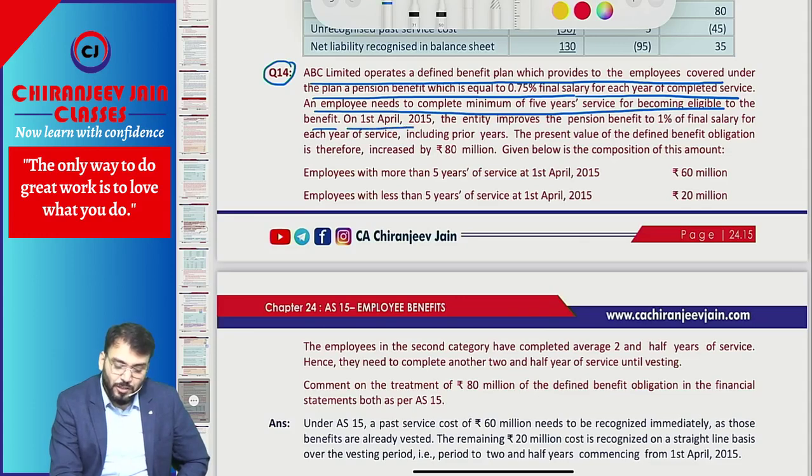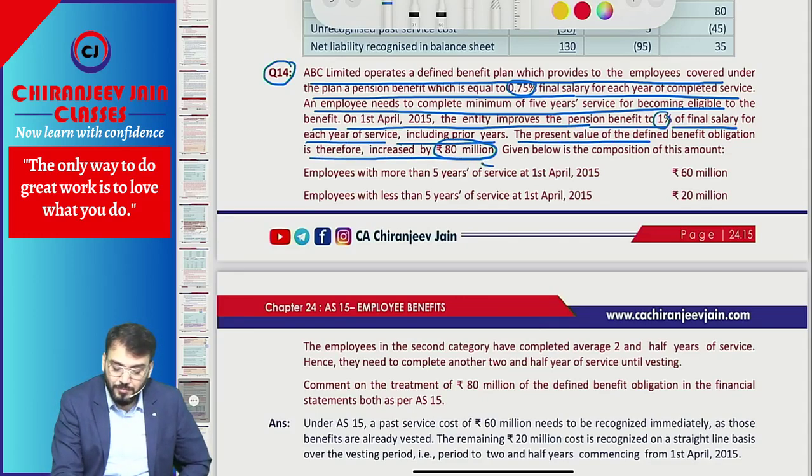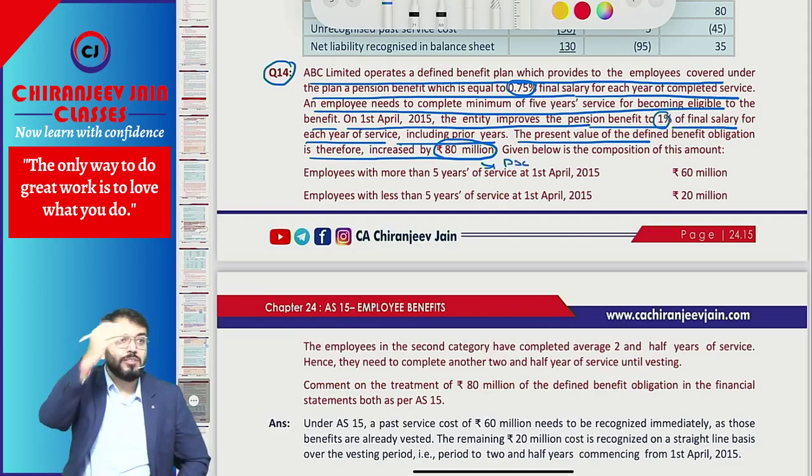On 1st April 2015, the entity improved the pension plan benefit to 1% of final salary for each year of service, including prior years. The present value of DBO is therefore increased by 80 million. So this becomes past service cost.